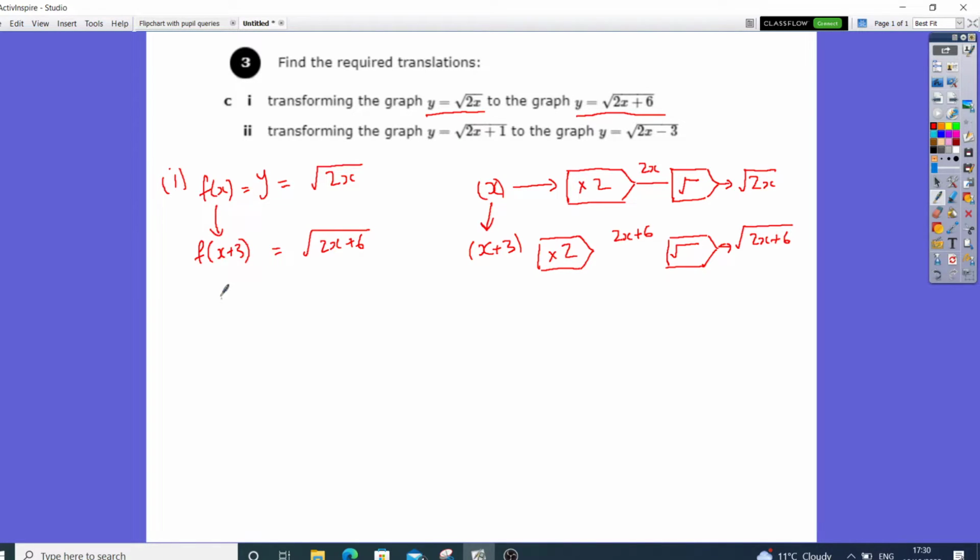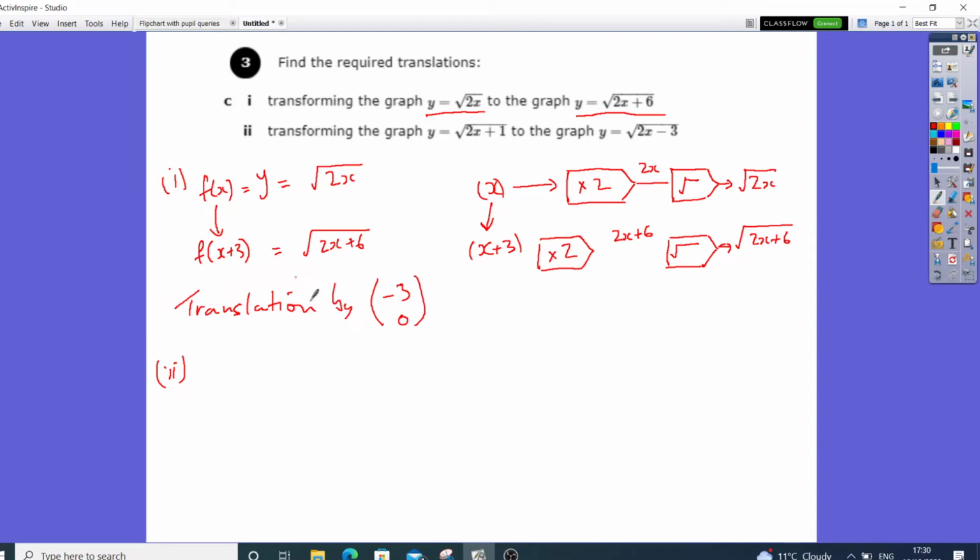So from there to there, we call that a translation. Translation by minus 3, 0. It's a translation of 3 units to the left in the horizontal direction and no units vertically.